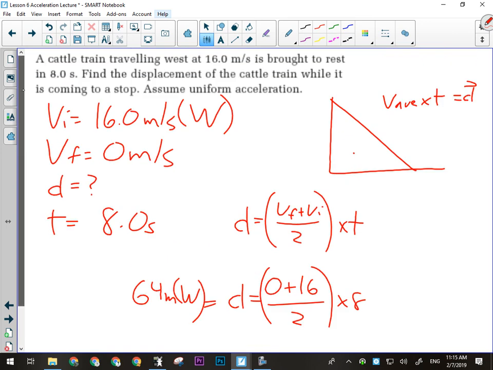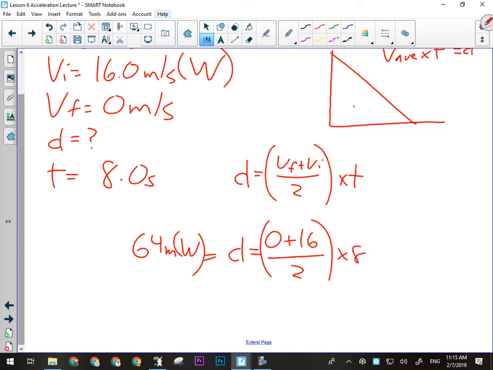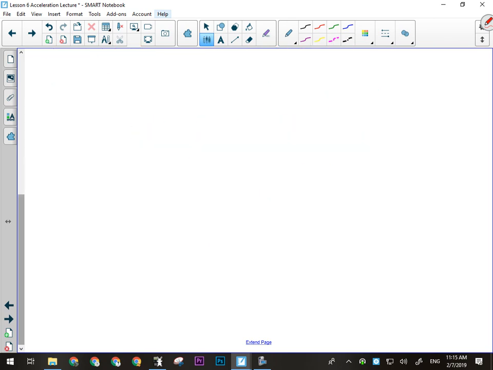And I think we have just 2 significant figures there, so we're good with 64 meters west. Looking at this formula in terms of manipulation, if I wanted to solve for T, how would I go about doing it?